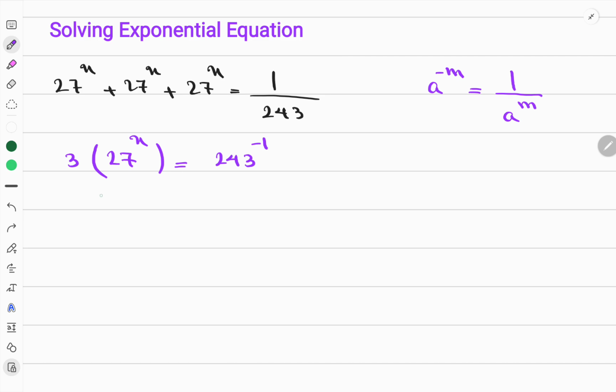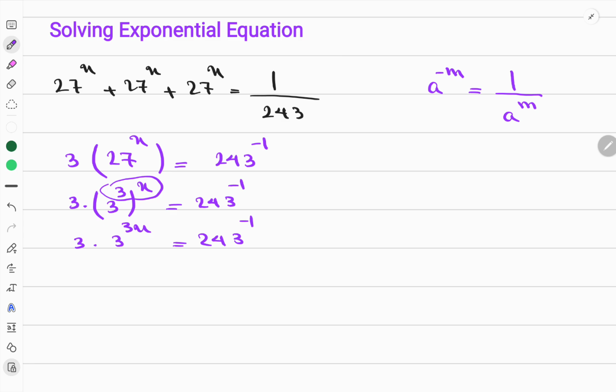So far, so good. We are not allowed to multiply 3 by 27 to the power of x because there is no equal base or even exponents. So we can rewrite 27 as 3 cubed raised to the power x, and 243 to the power of negative 1. And we know that when we have two powers, we can multiply them. 3 times 3 to the power of 3x.